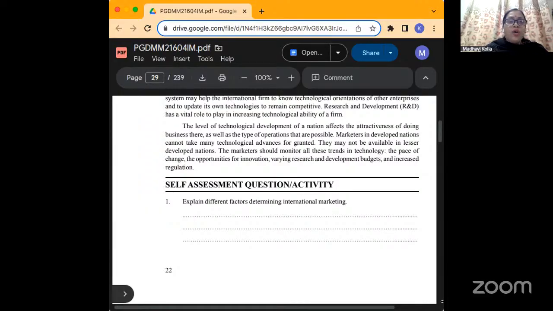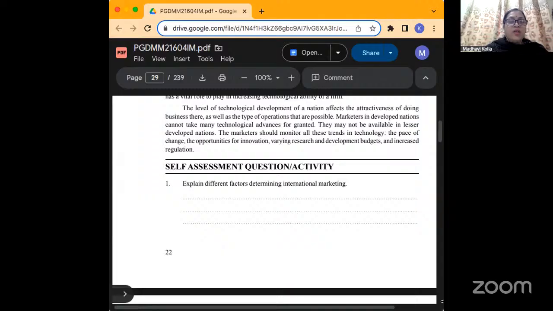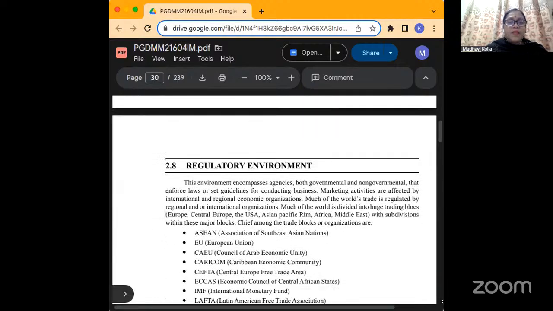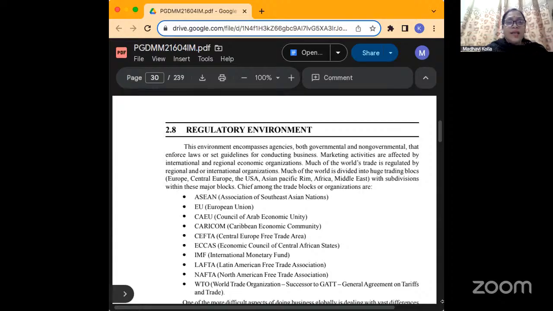So, therefore, we need to be upfront not only in terms of our product and services, but also in terms of the technology being adopted, the kind of language that is being used, what are we communicating, and how we are communicating. Let us also understand in terms of the regulatory environment.